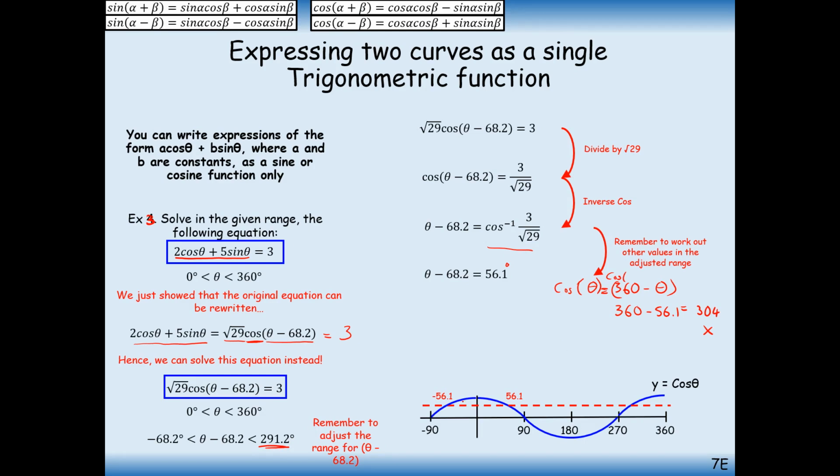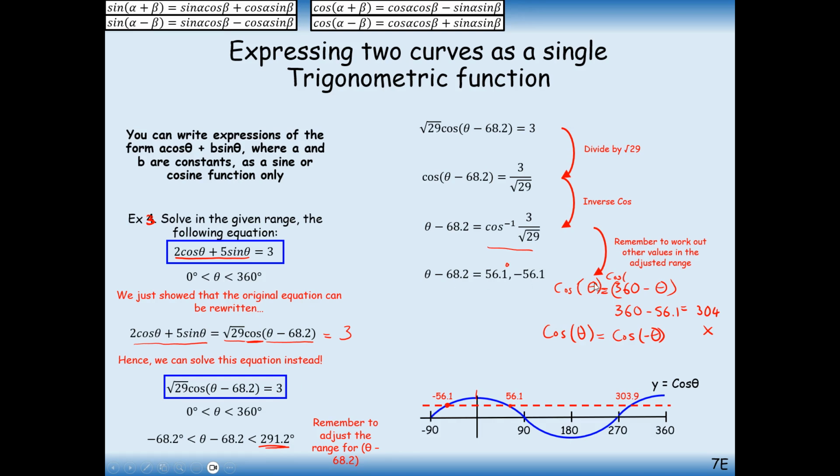So we go and take the negative version. If we use the fact that cos is an even function, cos of theta equals cos of negative theta, then we take minus 56.1 to be the other answer there.